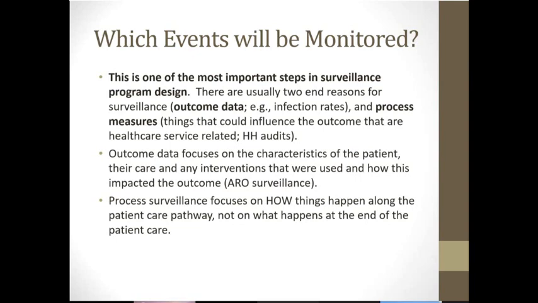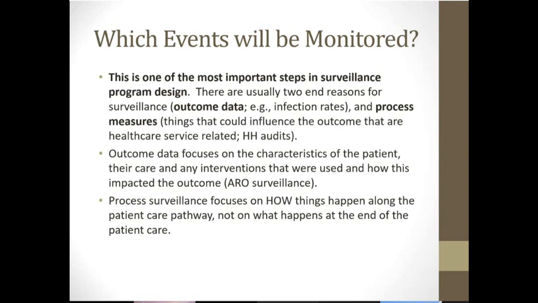Whereas process surveillance is you're monitoring things that could influence the outcome, such as you might have all of a sudden a lot of one specific type of infection, let's say UTIs or respiratory infections.